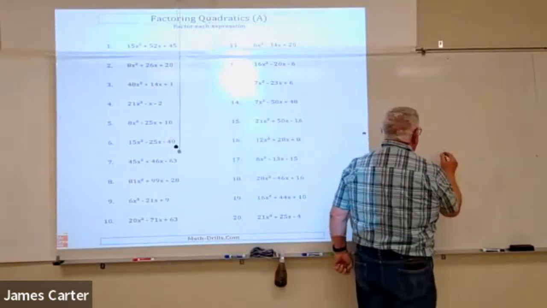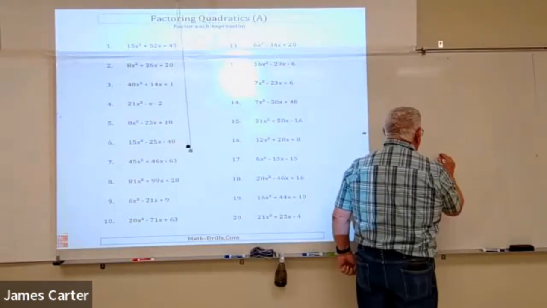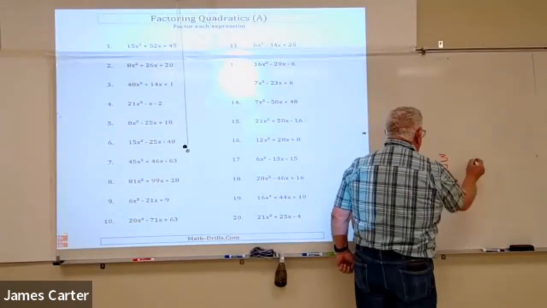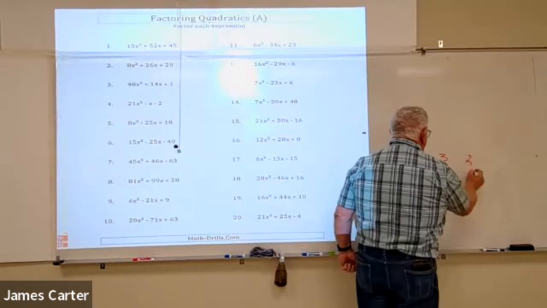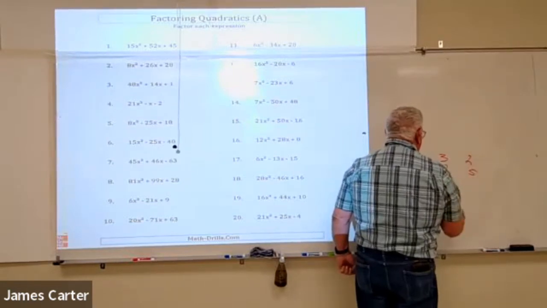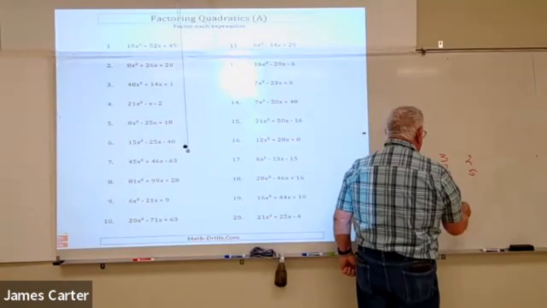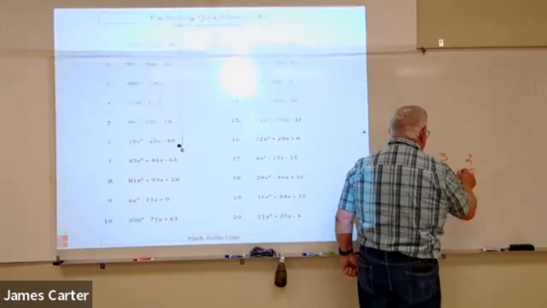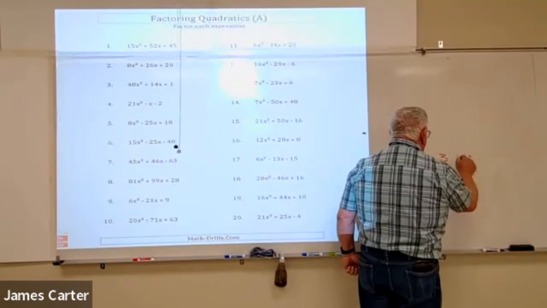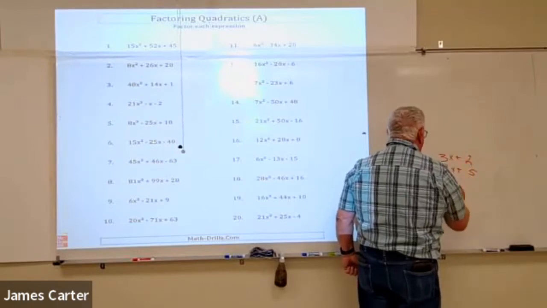Okay, what did I get down here? We had a 3 and a 2, and then a 2 and a 5, and a 2 and a 5. Okay, and these were all pluses, right? Or were they all minuses? All pluses. Okay, plus, plus, x, x.